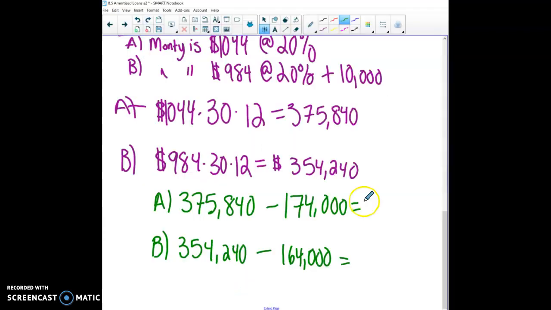That's a lot. So I have 201,840. So over that loan, you will pay more in interest than you took out for the loan.